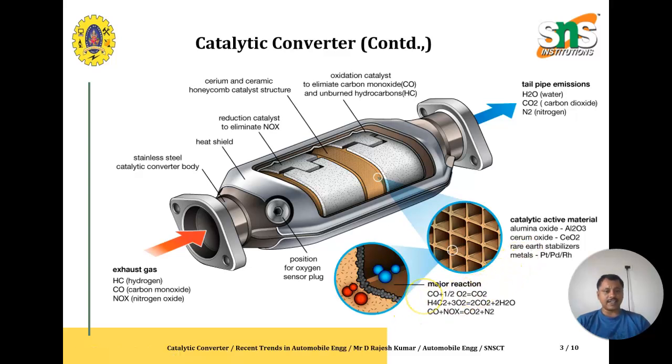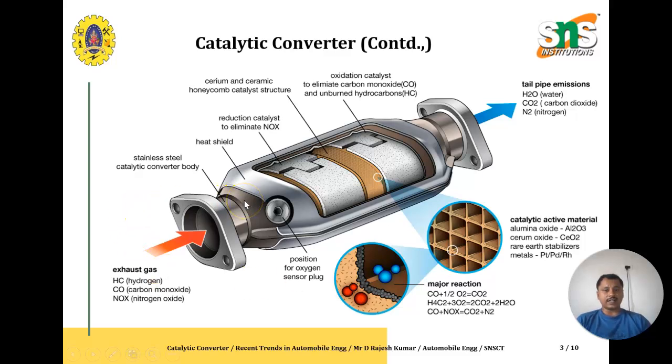The major reaction here is that carbon monoxide is converted into carbon dioxide, that is CO2. The hydrocarbons are converted into H2O, and the nitrogen oxide is converted and sent to the atmosphere as harmless gases.